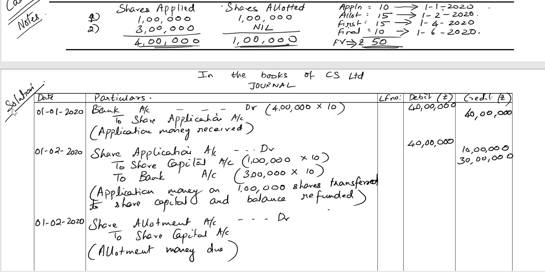We have on 1 lakh shares allotment money at the rate of rupees 15 per share due comes up to 15 lakh rupees.